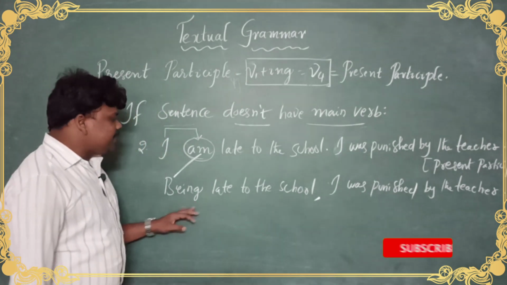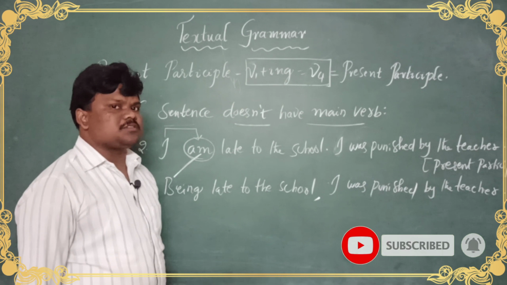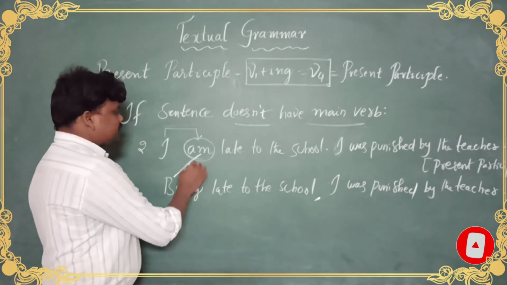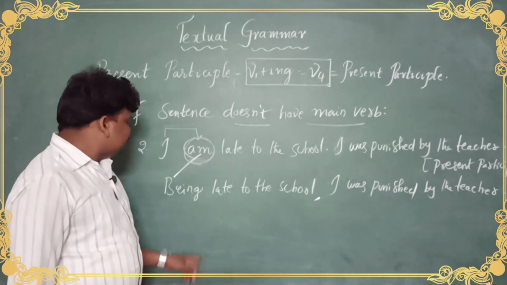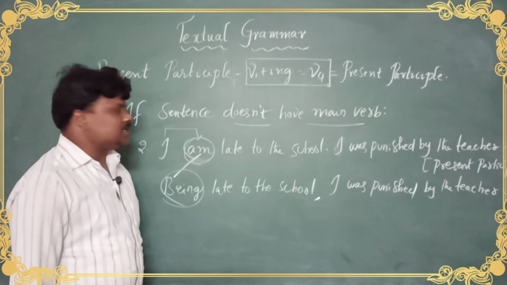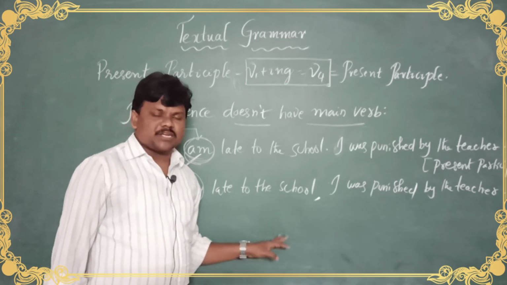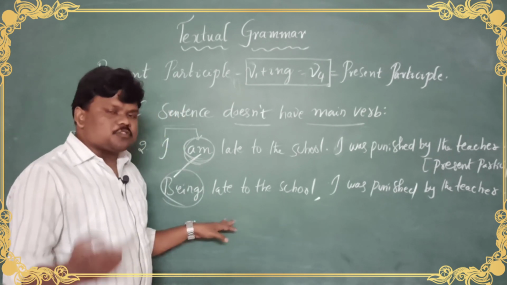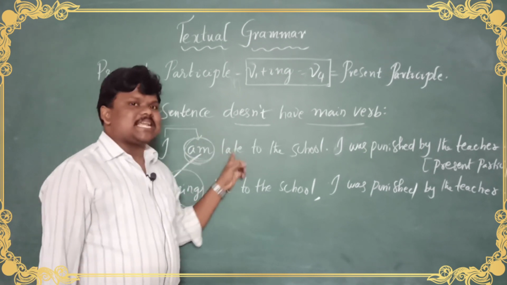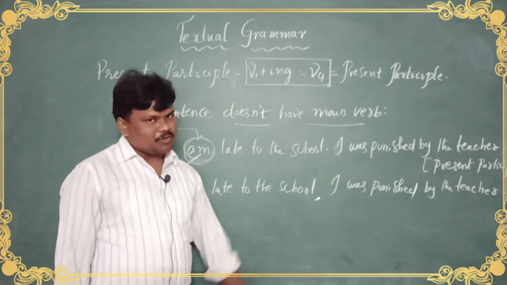Well, see, being late to the school, comma, I was punished by the teacher. Very simple. Well, yes, if there is am, is or was, were, we need to begin our answer with being, compulsory. This is called present participle. I taught you the two situations: if the sentence has a main verb, and if the sentence doesn't have any main verb.